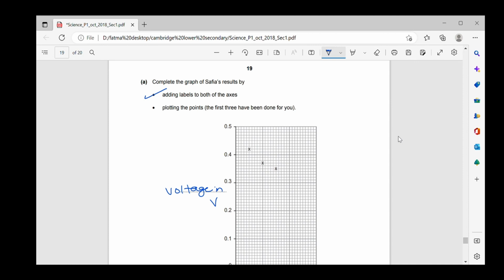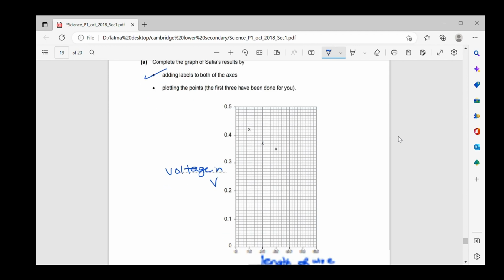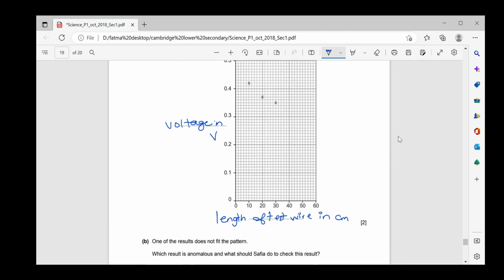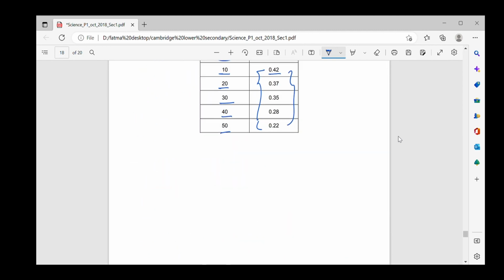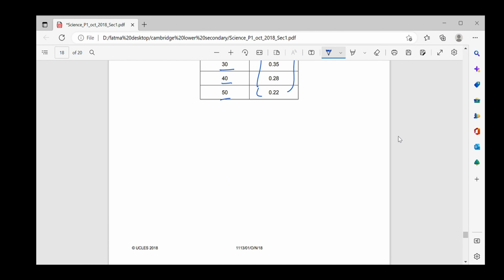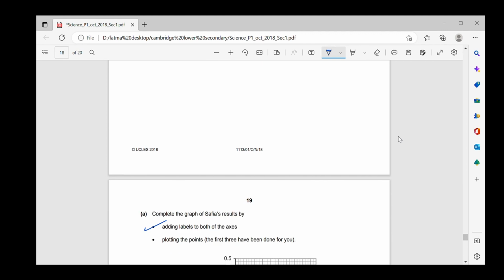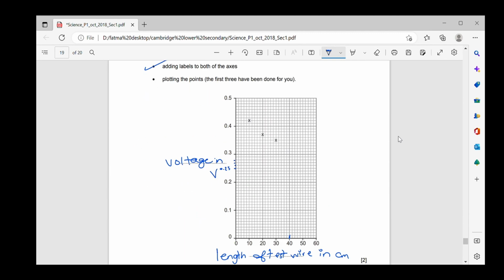Part 2, plotting the points. The first 3 have been done for you. Let's plot the points together. The first 3, which were the 10, 20, and 30. So here, 40 is what? 40 is 0.28. 0.28 here. This is the point. The last one, 50 and 0.22.